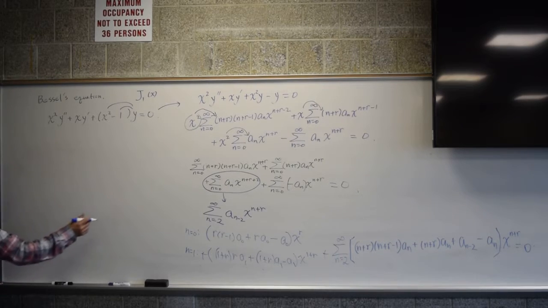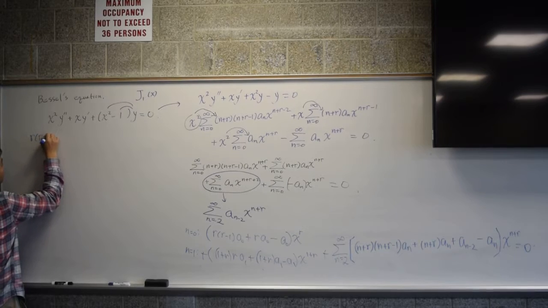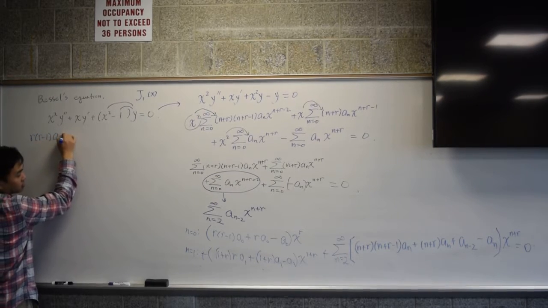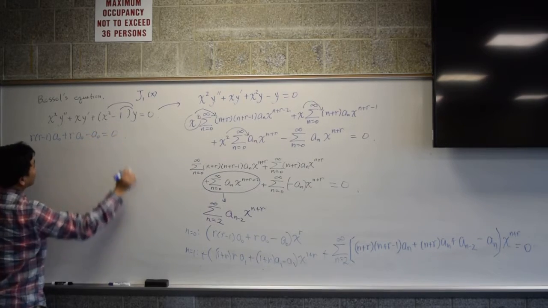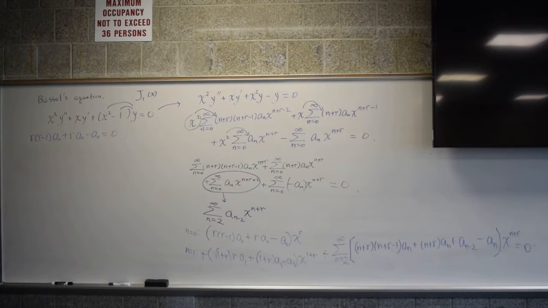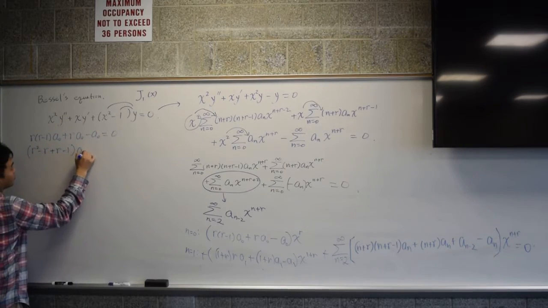So let's look at the very first thing that we have. We have r times r minus 1 times a0 plus r times a0 minus a0 equal to 0. That's the very first thing that we get. And then we have r squared minus r plus r minus 1, a0 equal to 0.